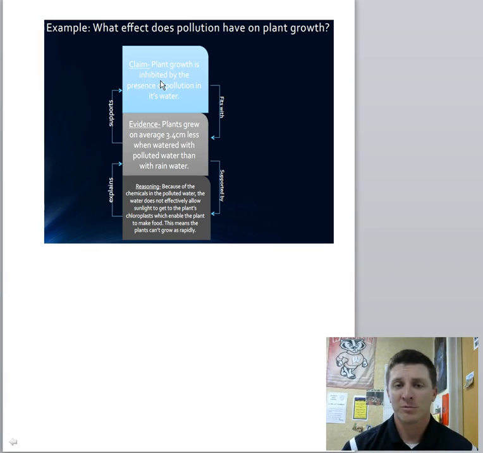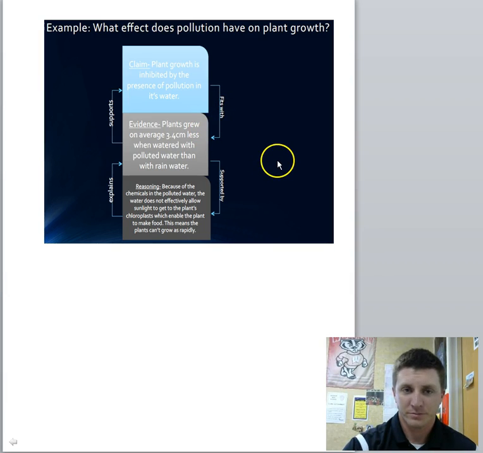In this case, the claim is plant growth is inhibited by the presence of pollution in water. It is supported by the evidence. The evidence in this case is plants grew on average 3.5 centimeters less when they were watered with polluted water than with rainwater. So again, evidence is going to support the claim, and claim always fits with the evidence.